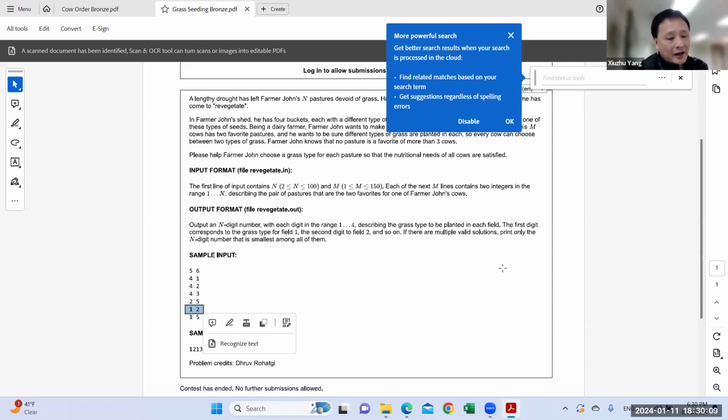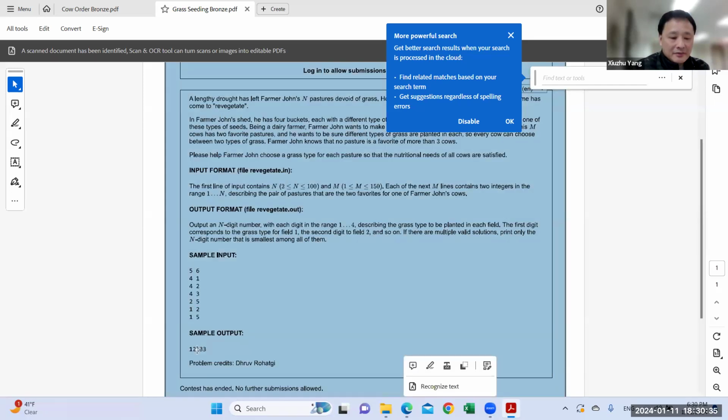So that's why if you plant seed one in pasture one, then you cannot plant seed one in pasture two. So then you go to another number. That would be two, right?